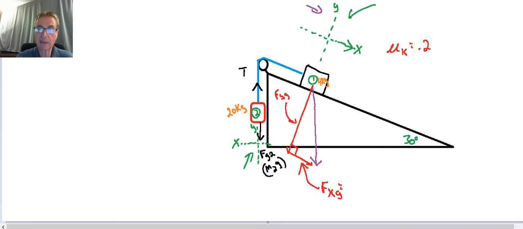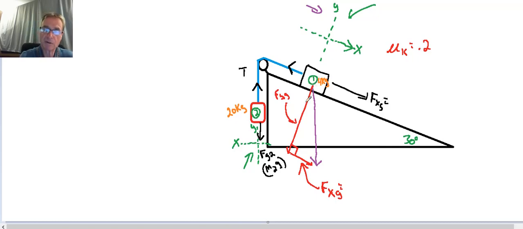Well, we have a cable connected to that block. Cables only pull, so that's going to be the direction of the force due to the cable. We're going to have our force due to gravity in the x direction, pulling down, and that's going to have some value.